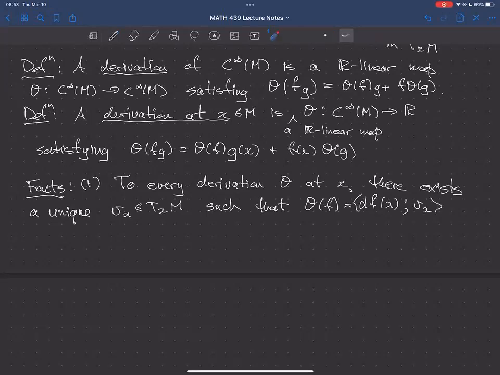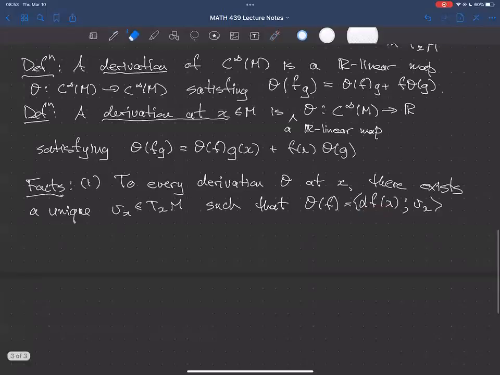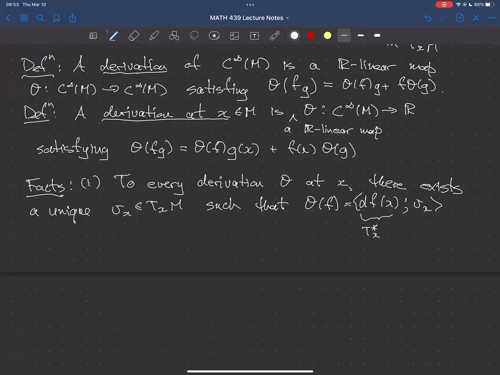Remember that df is an element of the cotangent space, and Vx is, as I just said, an element of the tangent space. Our notation here simply means that you take this cotangent vector, which by definition is a linear mapping on the tangent space, and apply it to that tangent vector. The result is therefore a number.